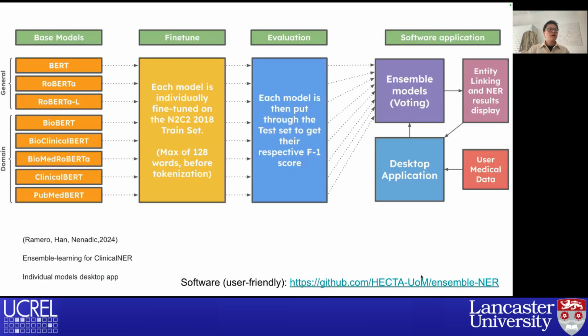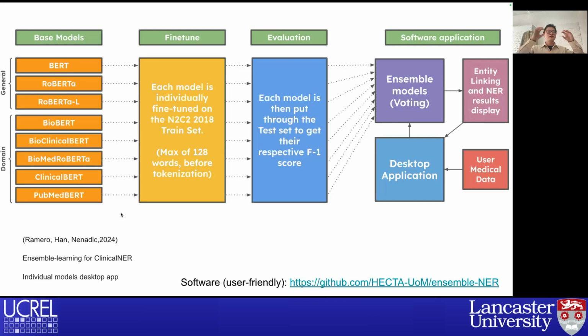And for the third one, there is software available. People can download it. We did the ensemble. So there's a plain general model and the domain model, biomedical domain model. We did two kinds of ensemble: the stacked ensemble and the voted ensemble. After ensemble learning, we want to see if the ensemble can boost individual models' performance.